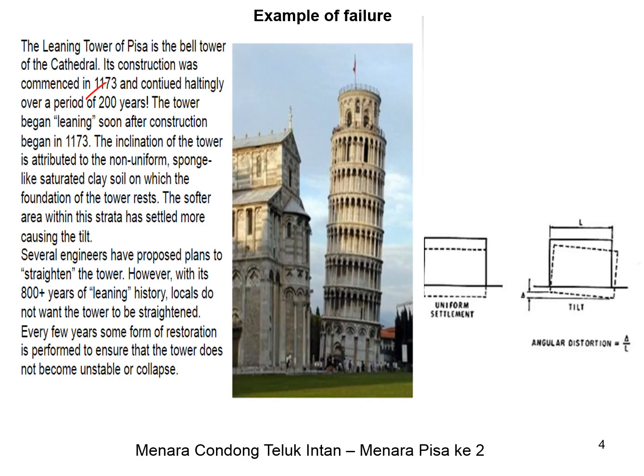So this tower began to lean or tilt soon after the construction. What happened is that at the softer area, this strata has settled more, and it caused the tilting of this tower. So this is the example of the lack of site investigations.